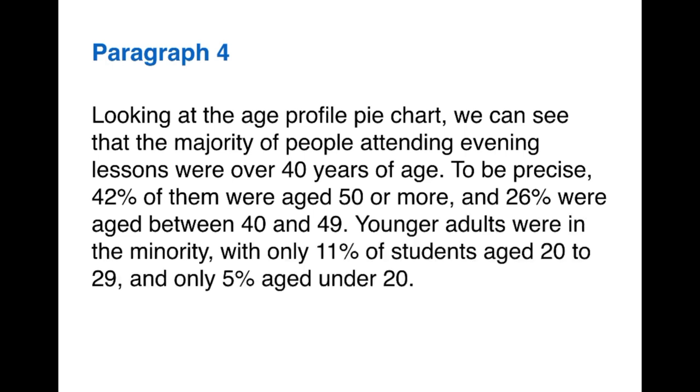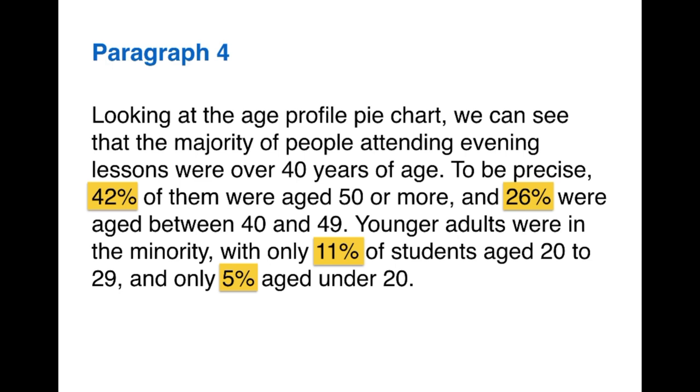Younger adults were in the minority, with only 11% of students aged 20 to 29 and only 5% aged under 20. Let's quickly analyse this paragraph. Again, we can see numbers, 4 different numbers in one paragraph. So I think it was 5 numbers in paragraph 3, meaning that I've included 9 specific numbers in this report overall.